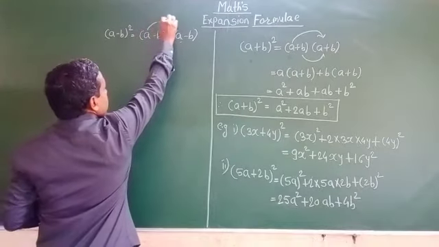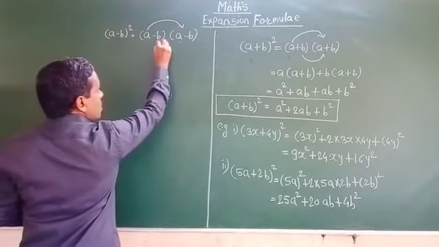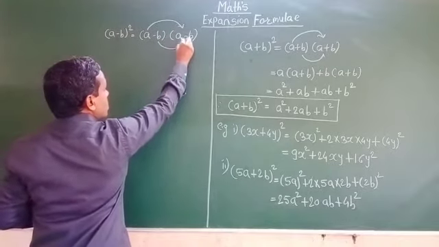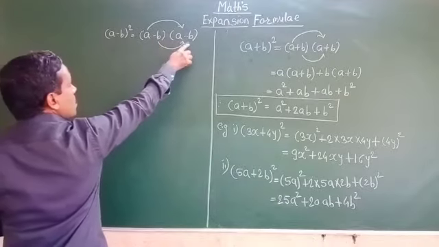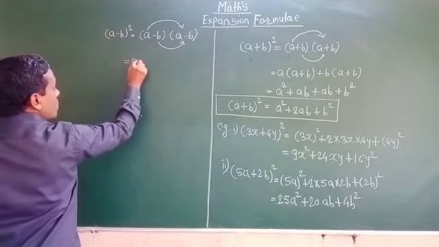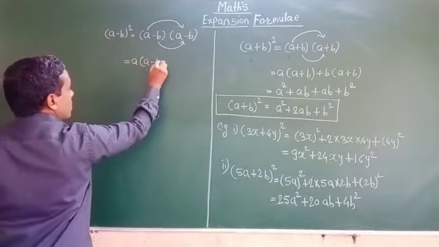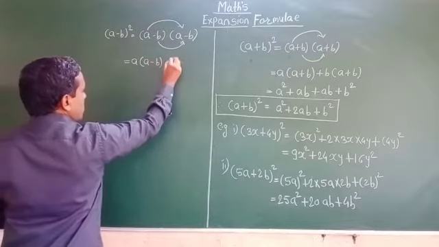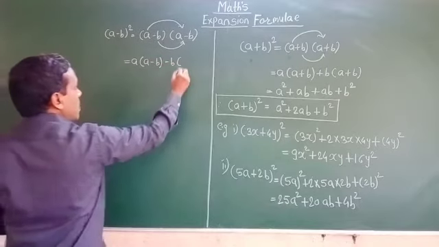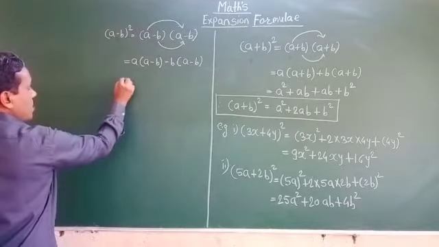So A is multiplied to that binomial, and again minus B is multiplied to that binomial. We write A in bracket (A minus B), minus B in bracket (A minus B).